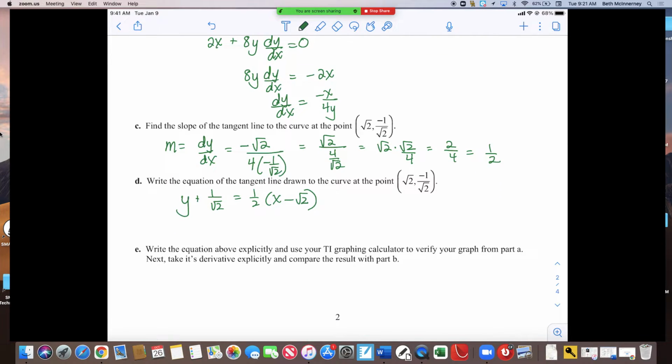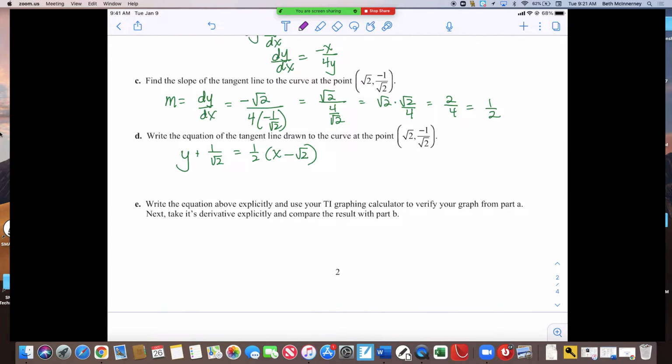All right, now we want to show how, in fact, these are the same. This one, I could, in fact, solve it explicitly. If I look at x squared plus 4y squared equals 4, I could subtract the x squared, and I could divide by the 4.